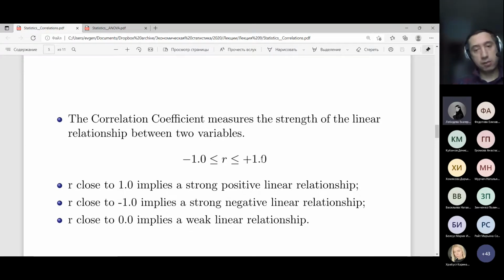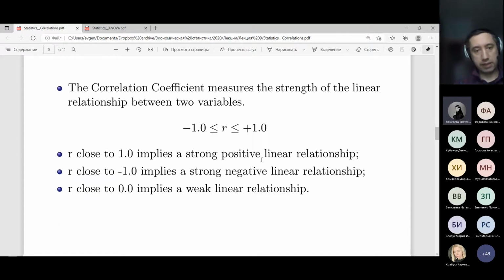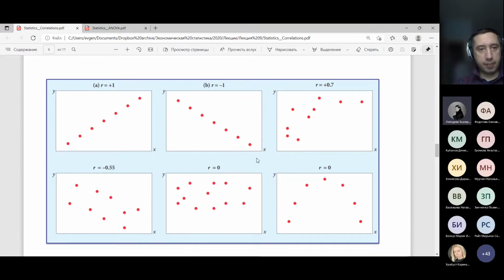And the closer your correlation coefficient is to 1 or -1, the stronger the correlation. For example, if the scatter plot looks like a line, definitely your correlation coefficient will be +1 or -1. We get correlation coefficient 1 when we estimate the correlation between two variables that are the same, with the same values.